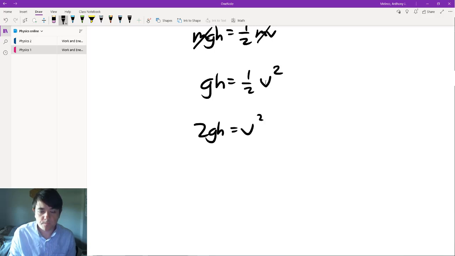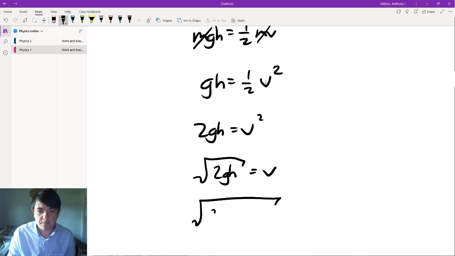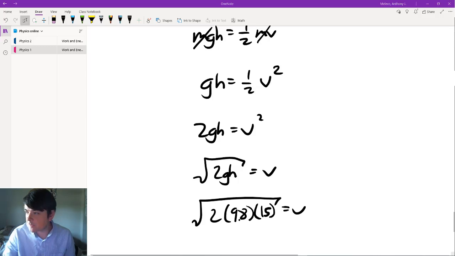Now you can solve mathematically. With 15 for the height, if you do the math on that, you get 17.15.